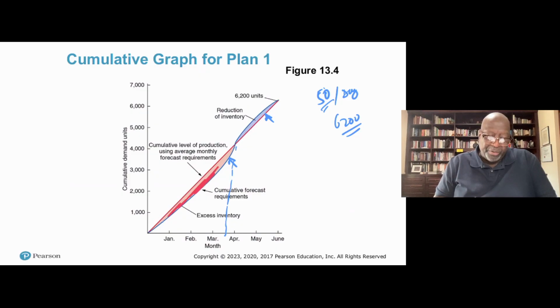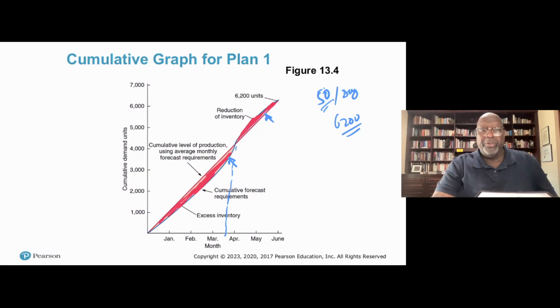We are carrying inventory because why? Because the production is higher than the demand. Now, when the production is lower than the demand, we are now going to be consuming the inventory. So the inventory is going to be reduced. And that's what we're going to have in this particular situation.